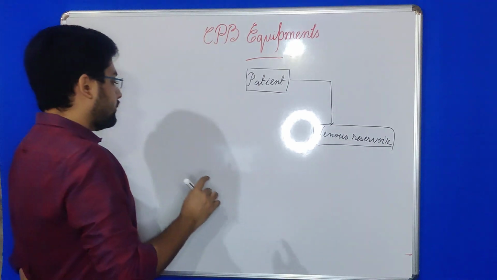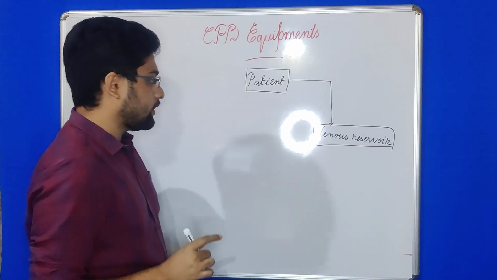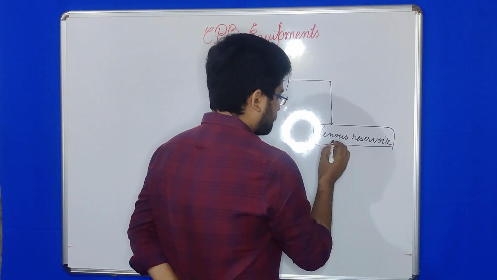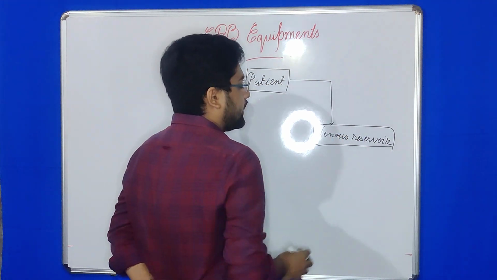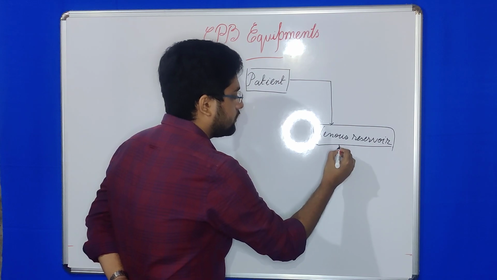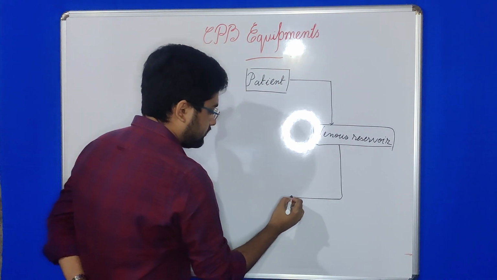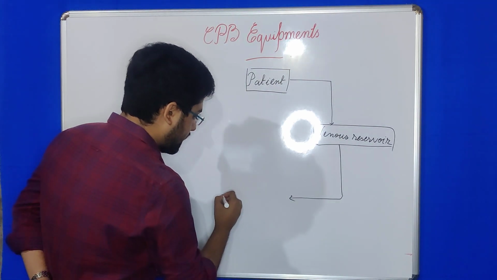What equipment I forgot to mention in the first chart was also cannula. So from the venous reservoir, blood then goes to the blood pump.